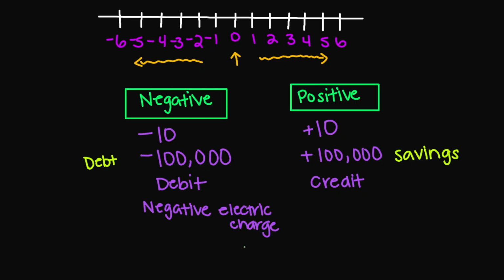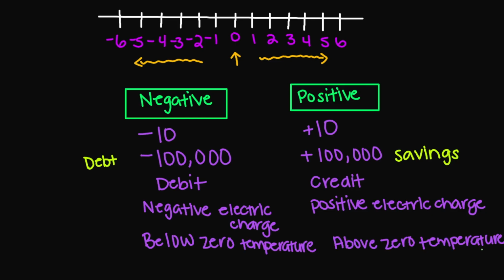A negative electric charge, of course, is going to be a negative number, and a positive electric charge is going to be a positive number. So let's say it is freezing outside and the temperatures are below zero. That means your temperatures are going to be in the negative. So here is an example of temperatures below zero.